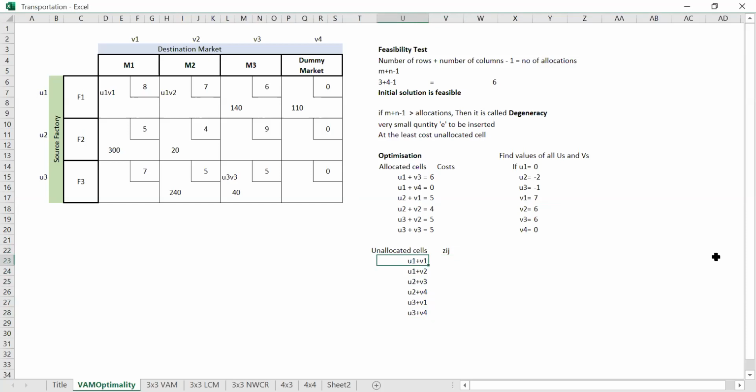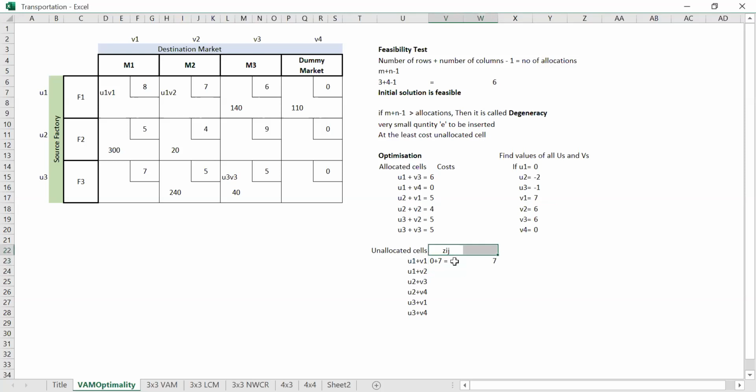So for the unallocated cells, Zij will be, just use the values you have calculated in the formula here. So Zij will be equal to U1, for the sake of it, I'll write down the numbers, 0 plus 7, which is equal to 7.